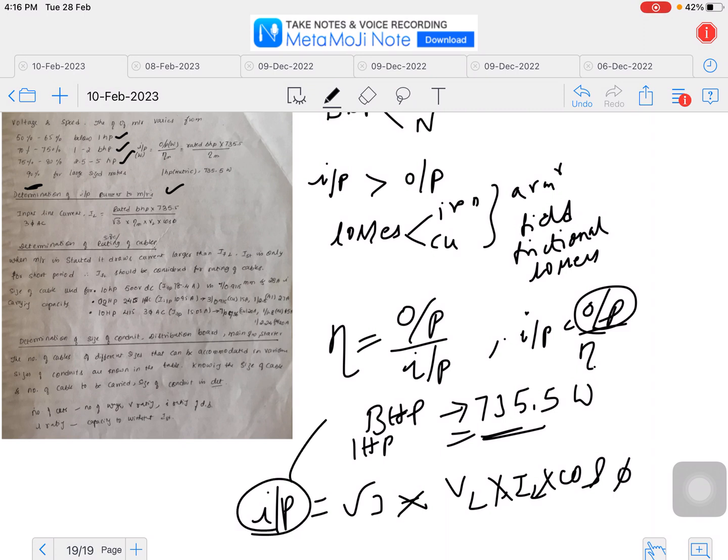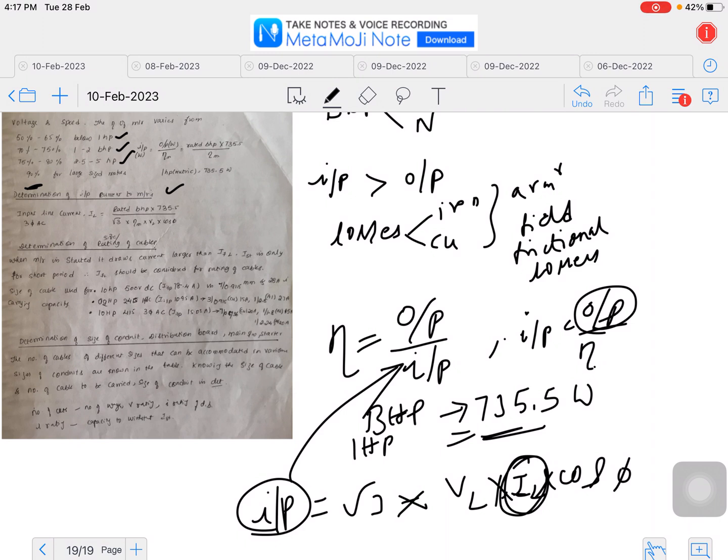Substituting the input value here, you have to find out the total rated current. The rated current helps us to determine the cable size. Unless the input current to the motor is known, it will be tough for us to find out the cable size.